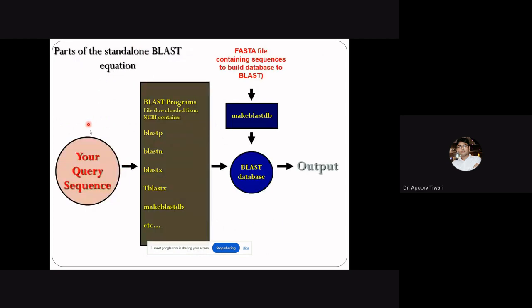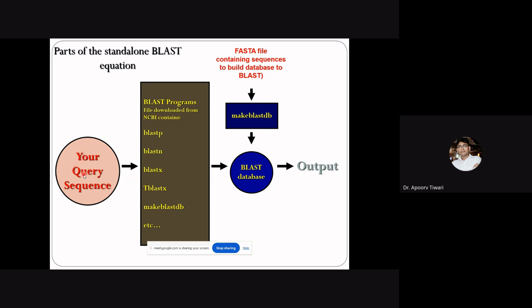So this is the actual workflow of BLAST. As part of the standalone BLAST, the BLAST program file downloaded from NCBI contains blastp, blastn, blastx, tblastn, tblastx, and makeblastdb. These files are there. So start from your query.